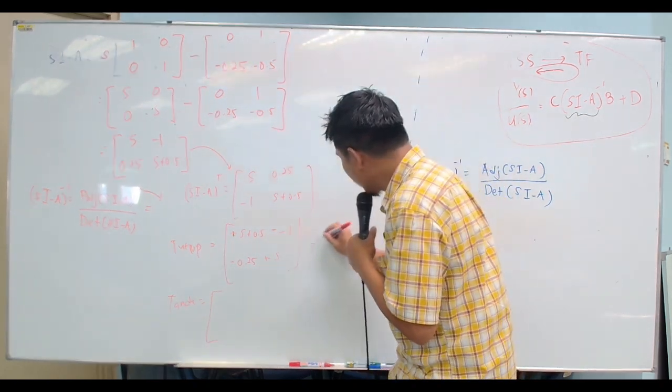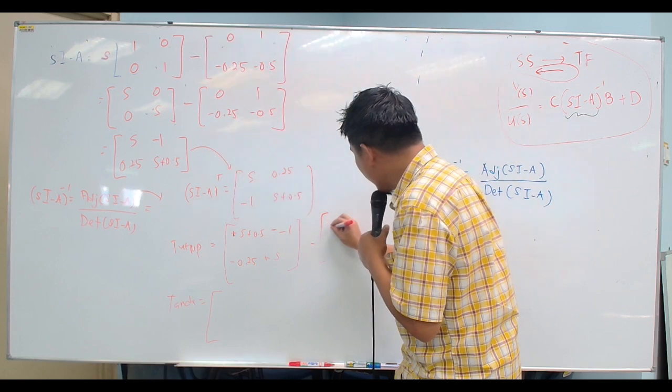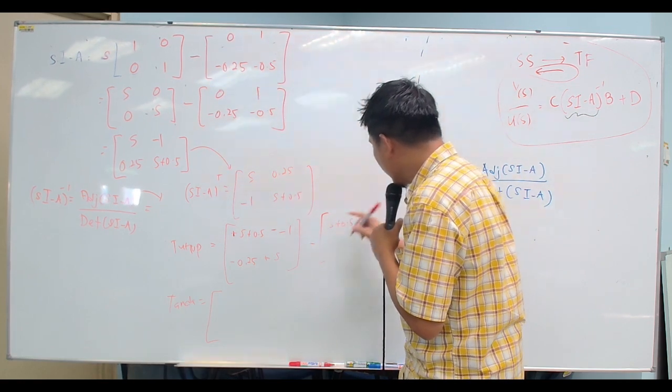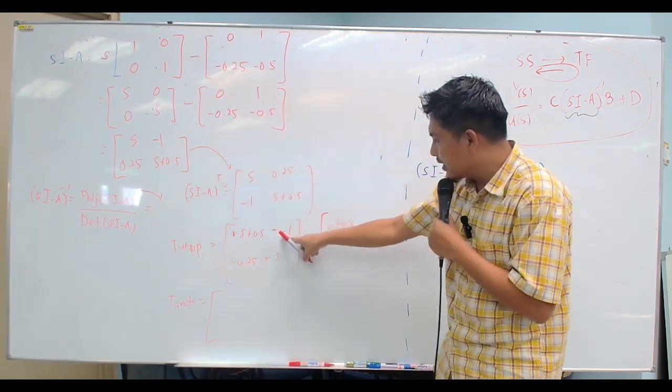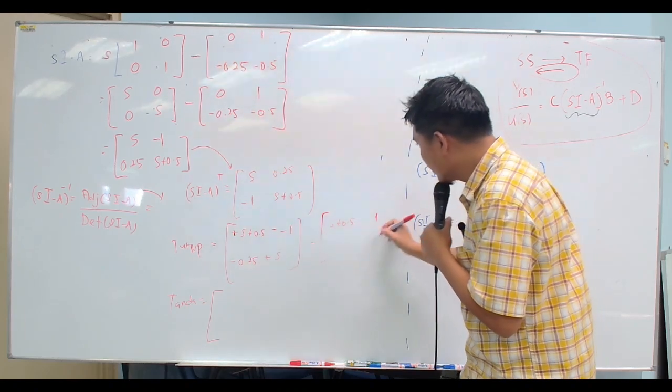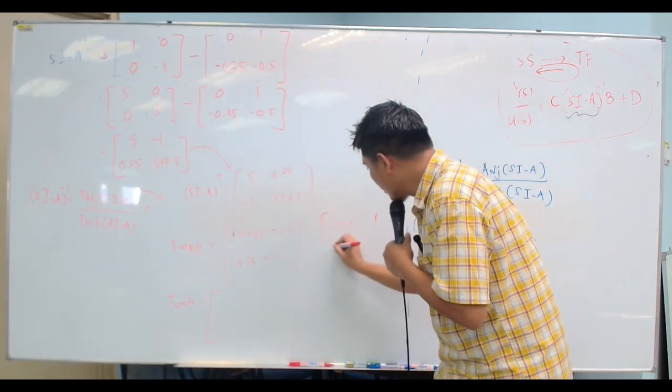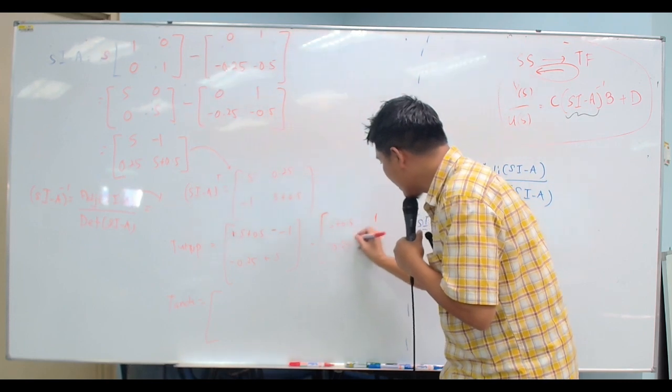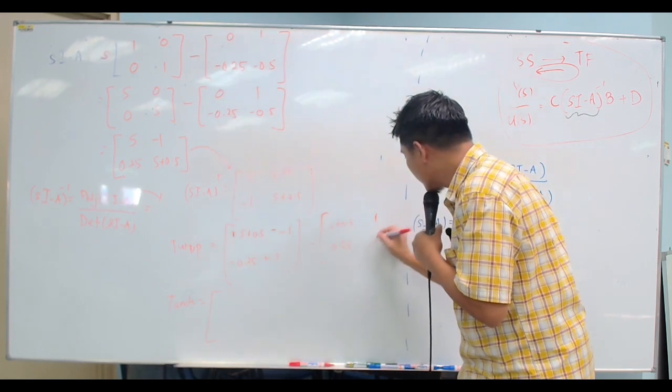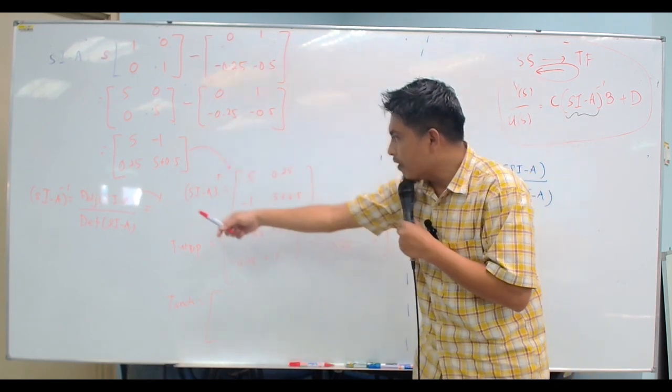And finally, your answer should be s plus 0.5, negative multiplied by negative 1, you get 1, negative 0.25, and here is s. So this is for the adjoint.